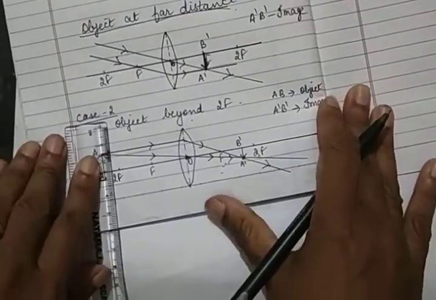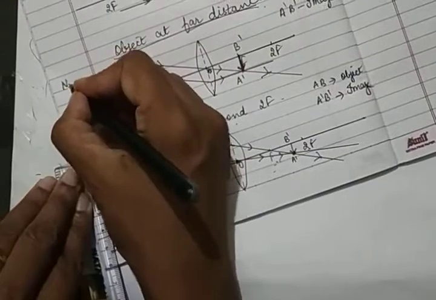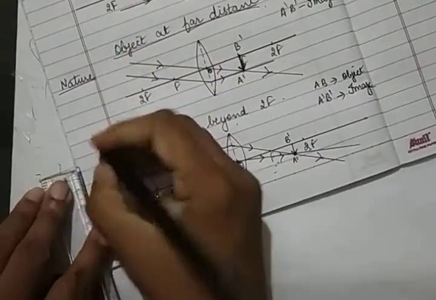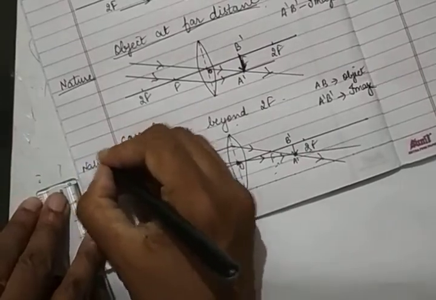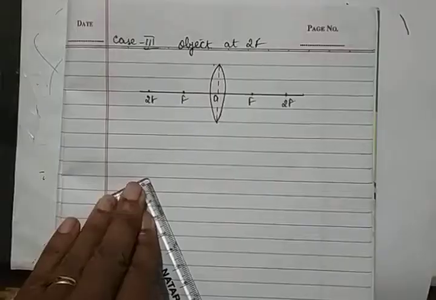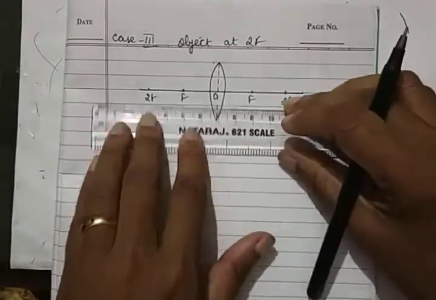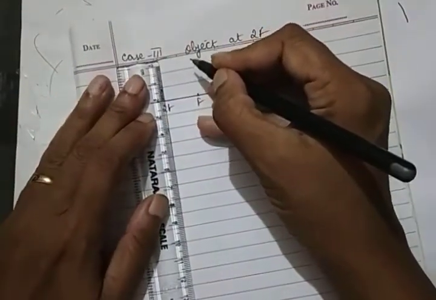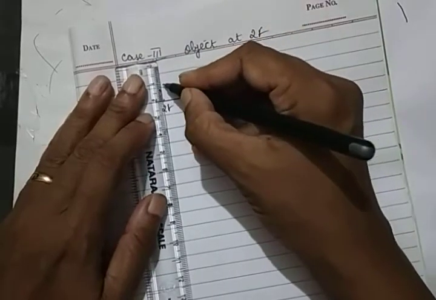Okay, and then nature of image. When we talk about nature of image, we'll do one more diagram first. So case 3, object at 2F. You're going to take an object here of height 1 centimeter.